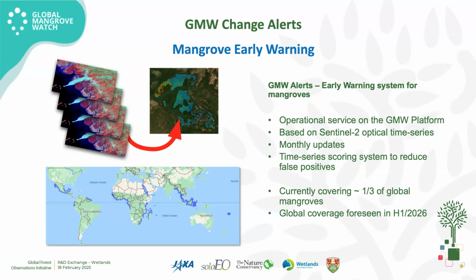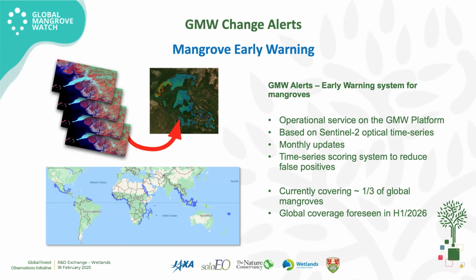This is an operational service that we provide on the Global Mangrove Watch platform. We are looking at ways to reduce the false positives, the false classifications. Currently, the change alerts cover about a third of the global mangrove areas, and we are working to expand this to cover all mangrove countries in the first half of next year.